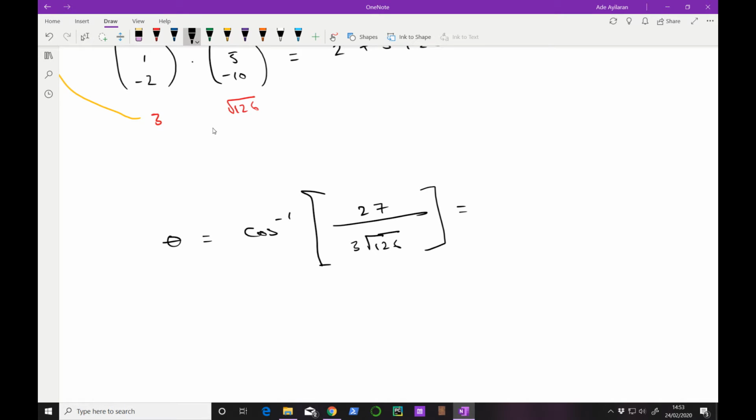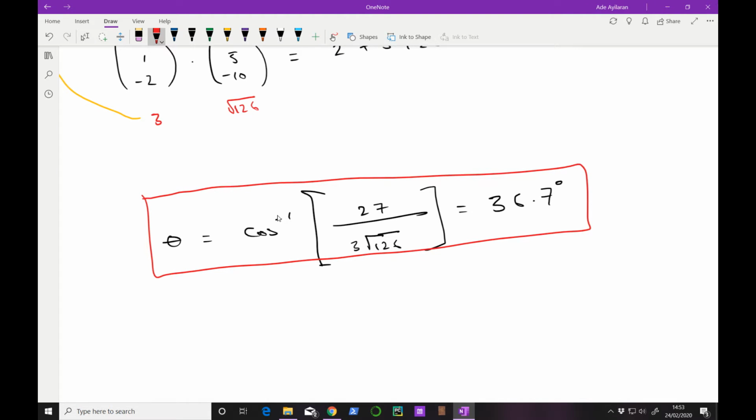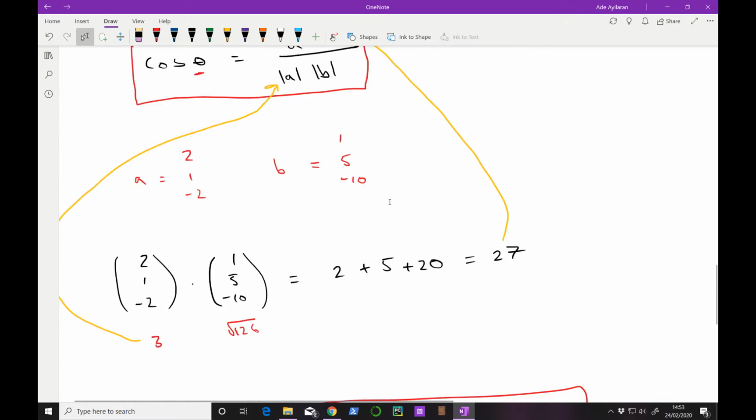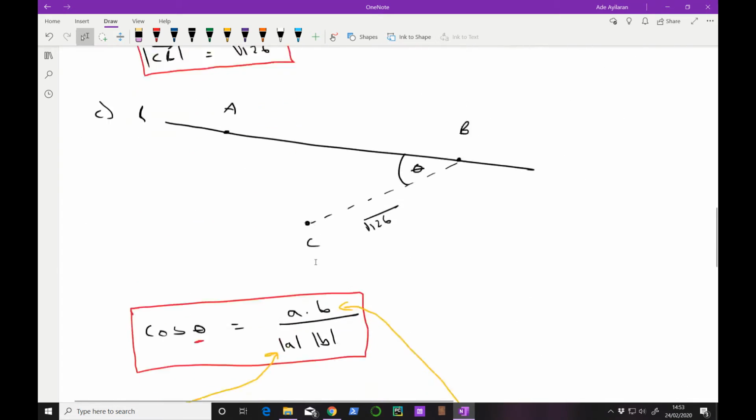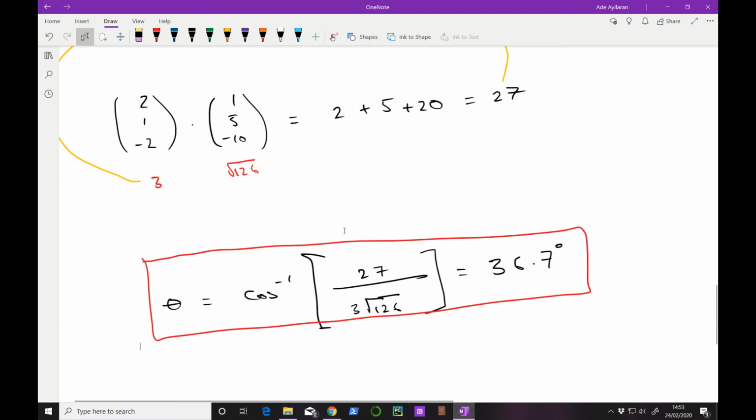And punching those values into my calculator is going to give me a value of 36.7 degrees as my angle. I wrote 36.7 degrees because the question asks us to find it to one decimal place. So you need to round up, okay?